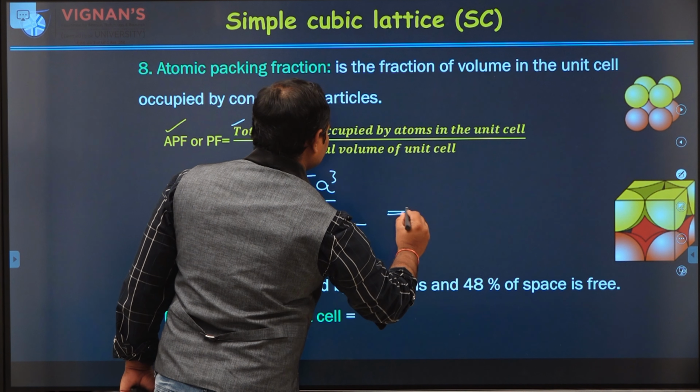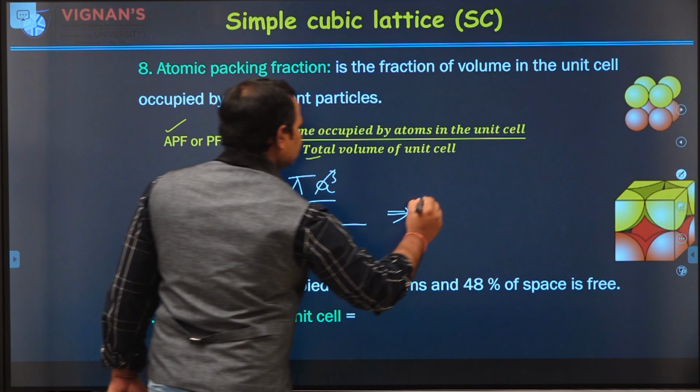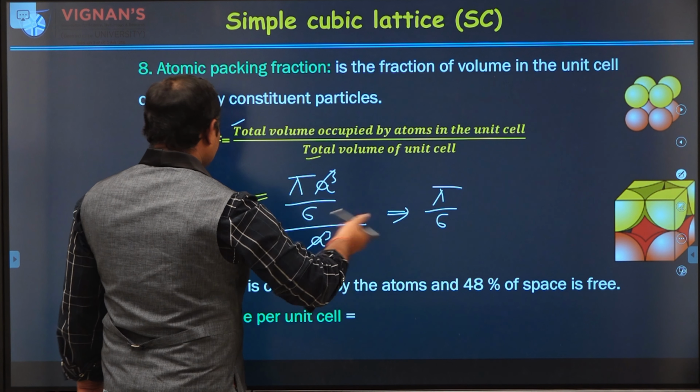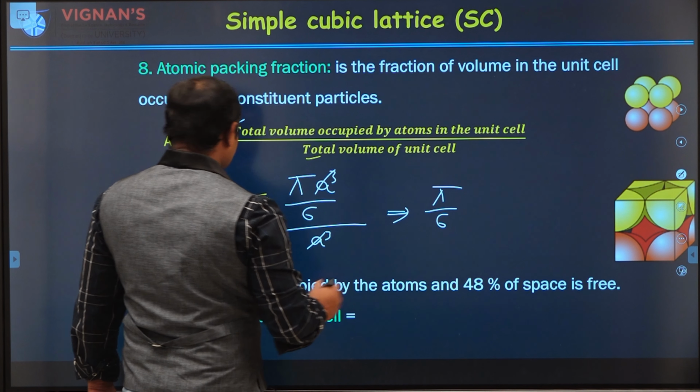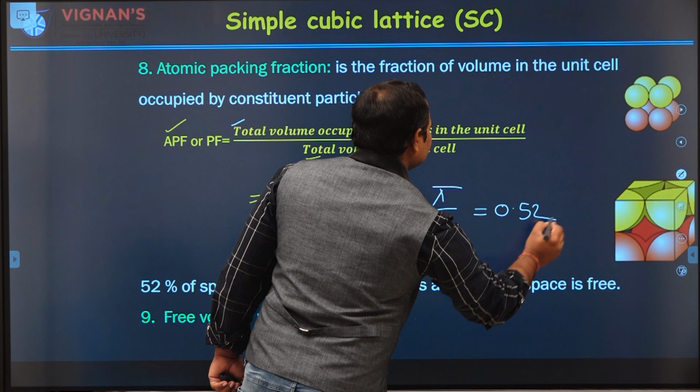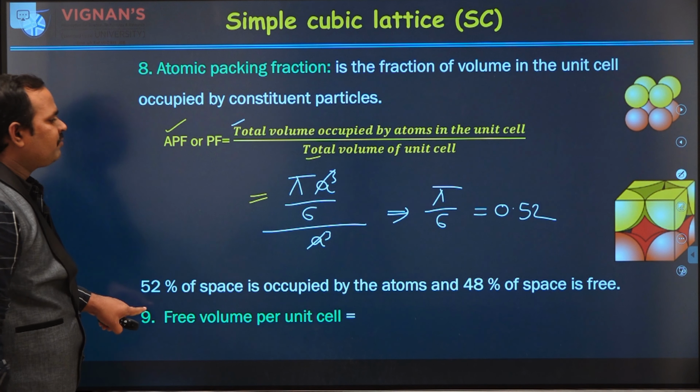The a cube will be cancelled, which gives pi by 6. If you substitute the pi value and 6, that gives you 0.52.